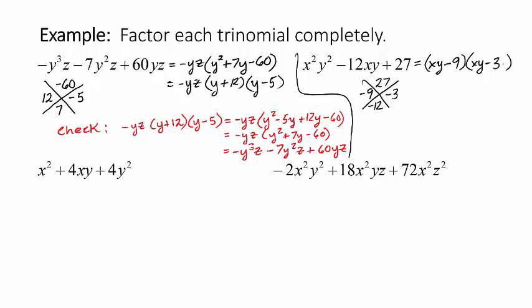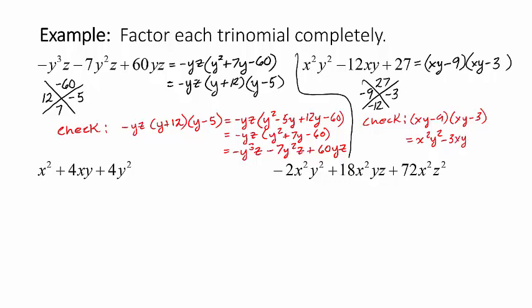Now if we check this, if we FOIL it back through, we should be golden. I'm going to come down here because I'm out of room. So x times x is x squared, y times y is y squared, so we get x squared y squared. For the outer, I have negative 3 times xy, so minus 3xy.